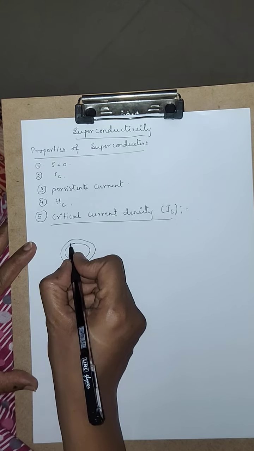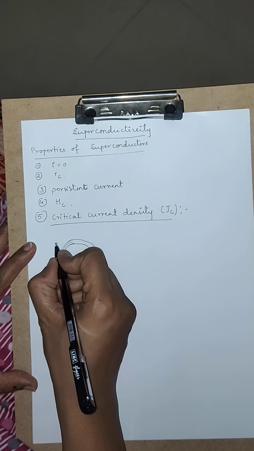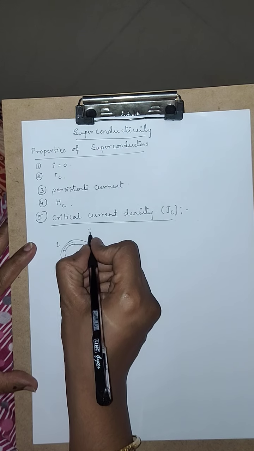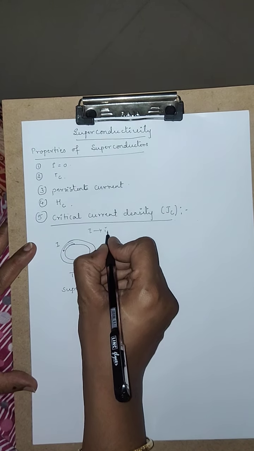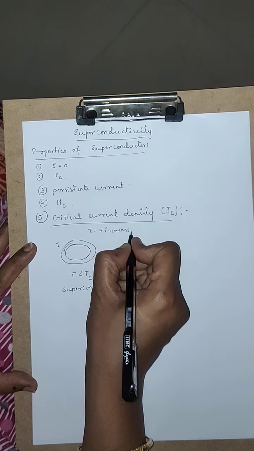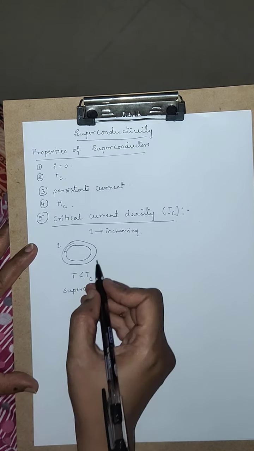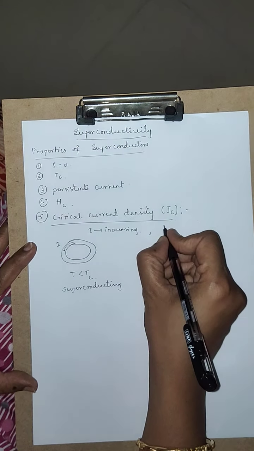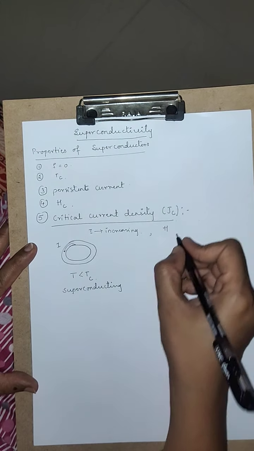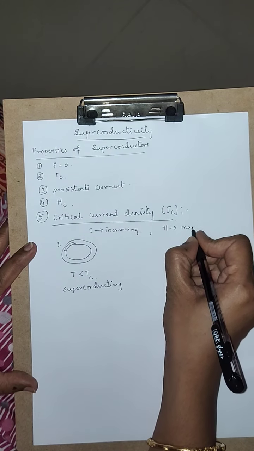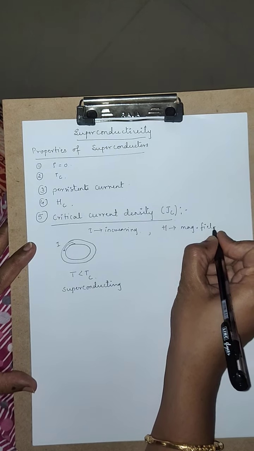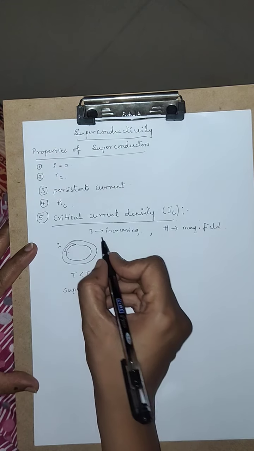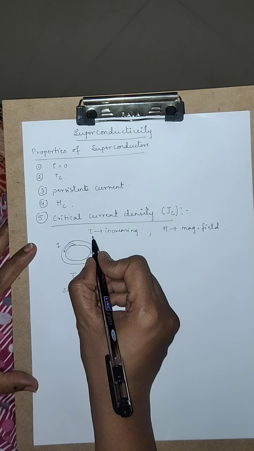Now, if a current I is flowing through this ring, and if we keep on increasing this current, it leads to a magnetic field around this ring, and the corresponding field is H. So H is the magnetic field which is produced around the ring due to the current flowing through the superconducting material. So this I value has some critical value.